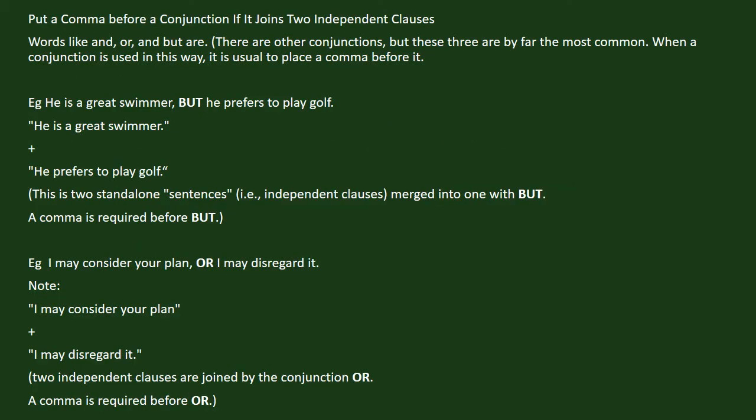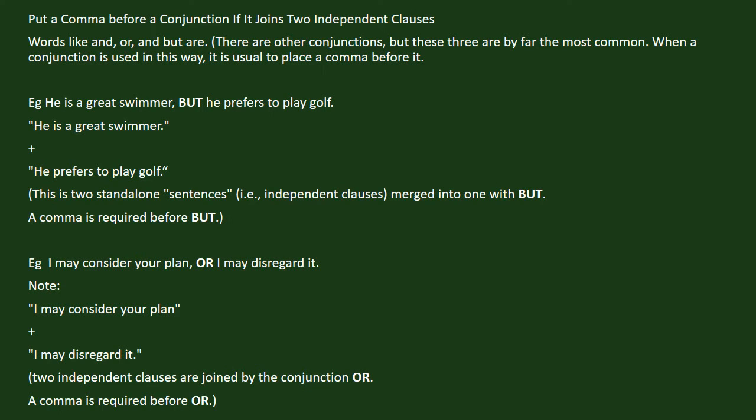One thing to note is to put a comma before a conjunction if it joins two independent clauses. So for the words that we used previously, like and, or, and but, these are conjunctions. And when a conjunction is used this way, it is usual to place a comma before it. So an example is, he is a great swimmer, comma, but he prefers to play golf.